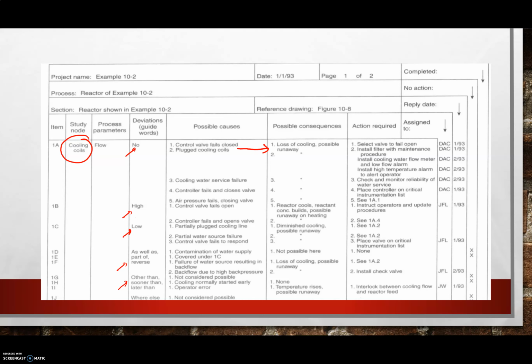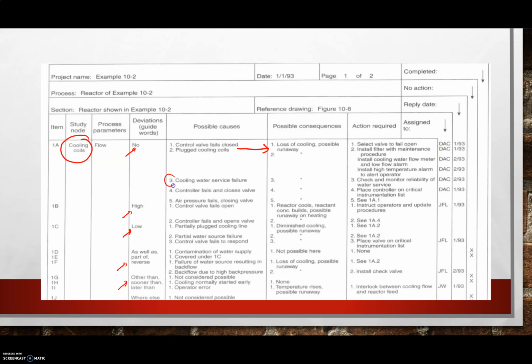So what action needs to be taken so that we can prevent these hazards? For the first one, control valve is closed, you need to select a valve that fails open. For the second cause, plugged cooling coils, there is another recommendation: install a filter and so on.